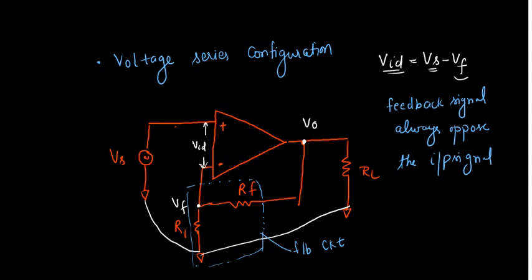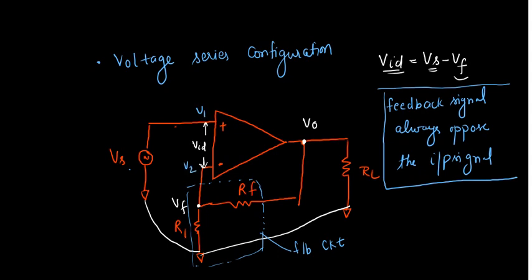This is a very good definition of negative feedback, that the feedback signal always opposes the input signal. Okay? This signal. So this is your V1, this is your V2.